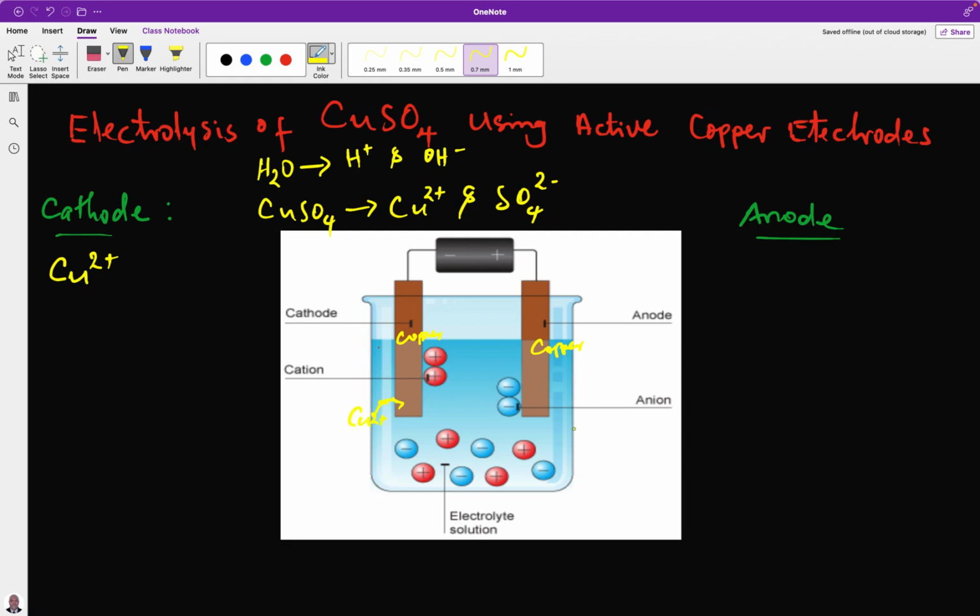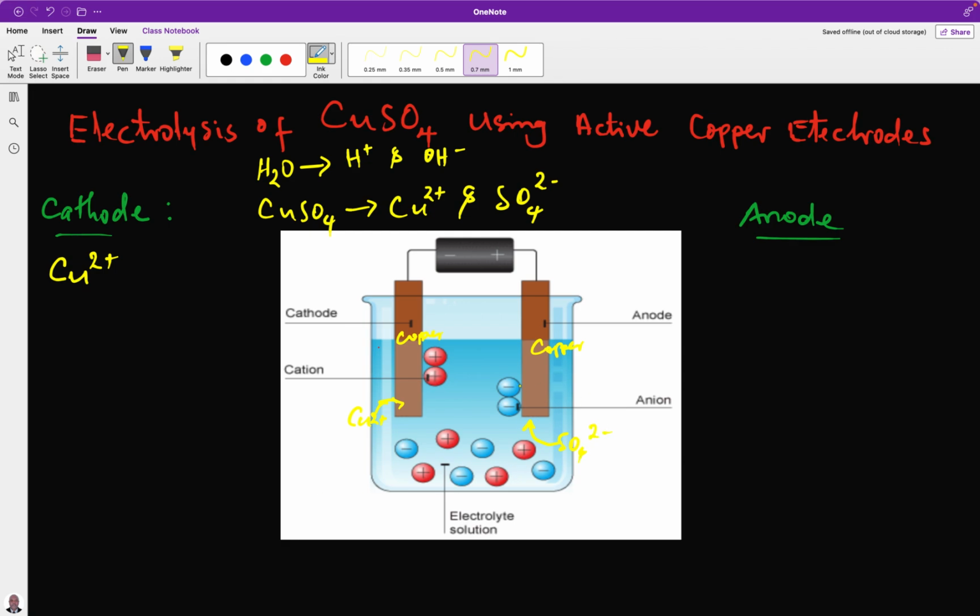The copper 2 will go here, and the sulfate will also go here.